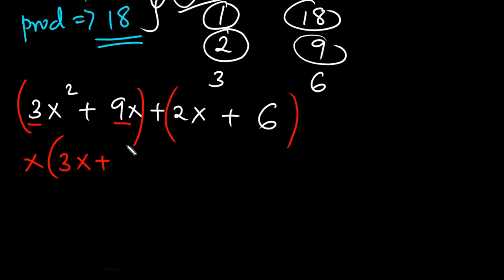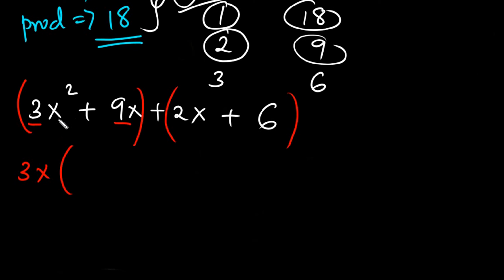Oh, sorry. We can also factor out 3. I'm sorry for that. So we can factor out 3x, because 3 is common and x is also common.